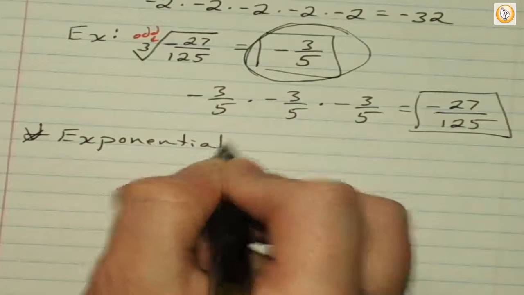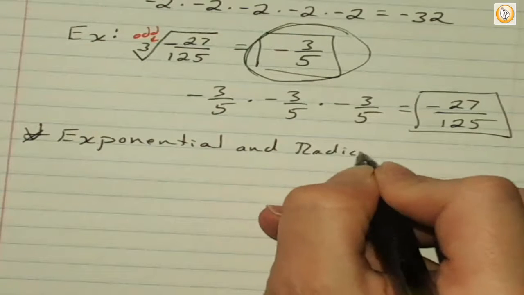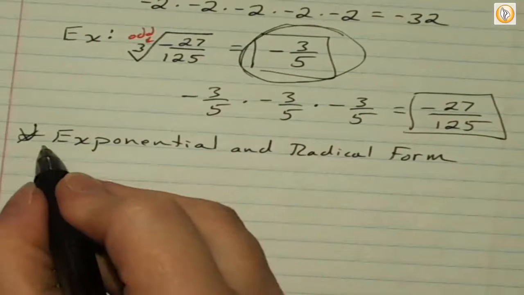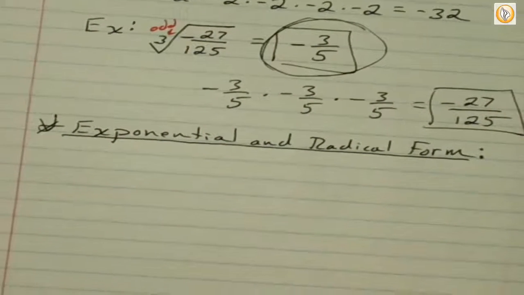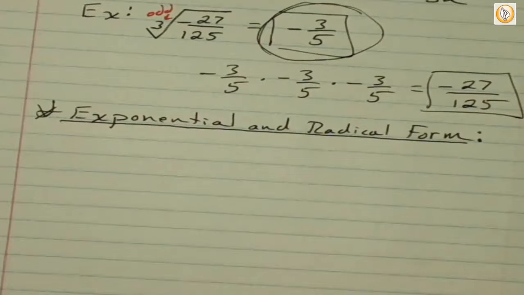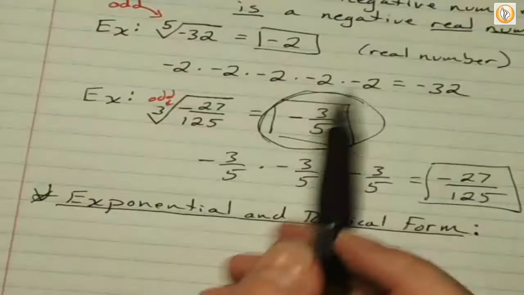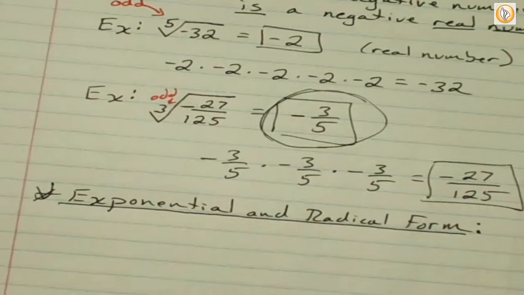Exponential and radical form. Here I taught you all the roots, and y'all are like, okay, now I'm starting to get it. Now I got to teach you a whole new thing. Typically, my students, after lots of practice, they'll get this just fine.